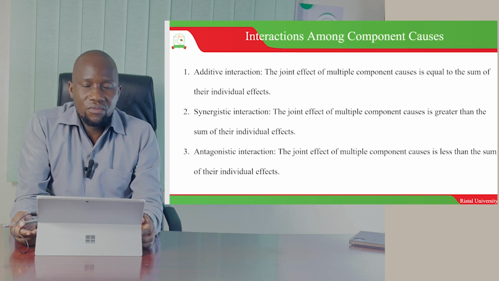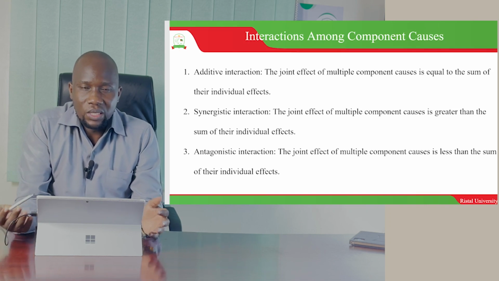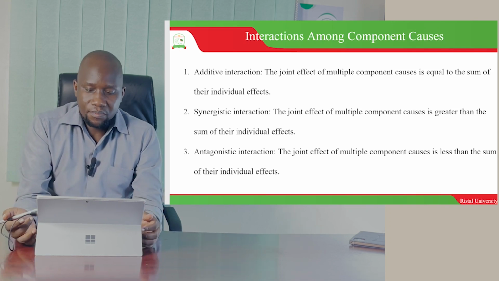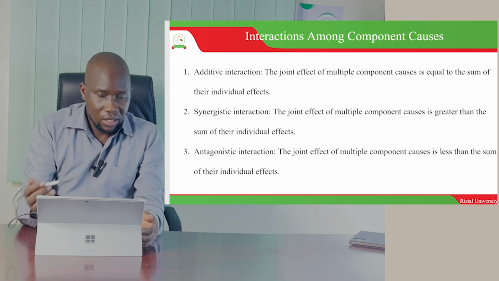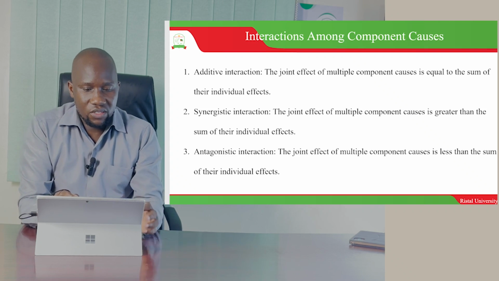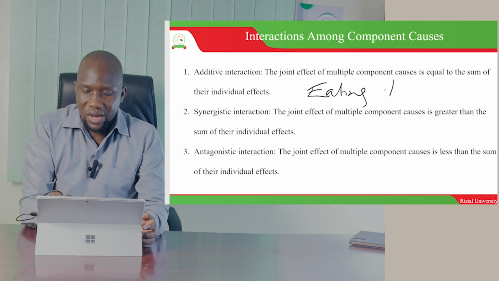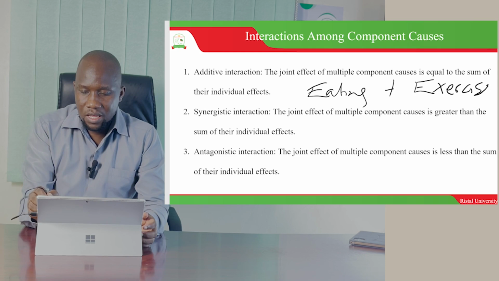Okay? So we can look at the interaction of these different components. For example, the example I gave earlier was that the person is not really eating well, but they are exercising. So you see that the unhealthy diet is, of course, a negative.